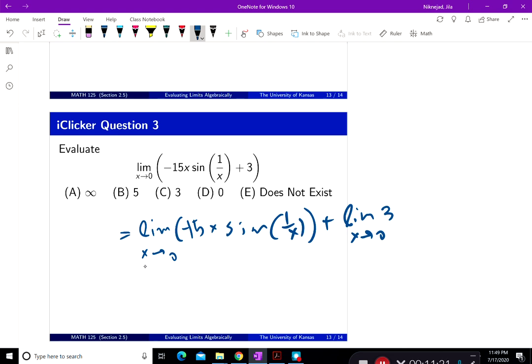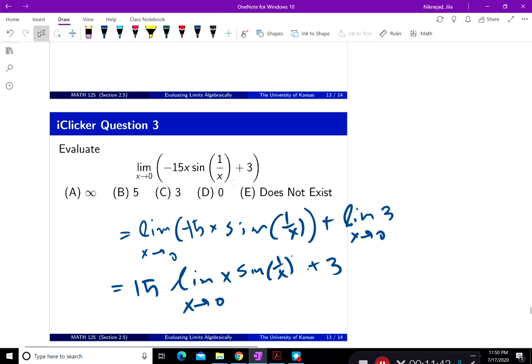And so that 15 can come out, it's a constant coefficient. What I'm interested in is really finding this limit. Everything else I know what it is, and that one is 3. If I find this limit, I multiply it by negative 15 and then I add 3 to it.